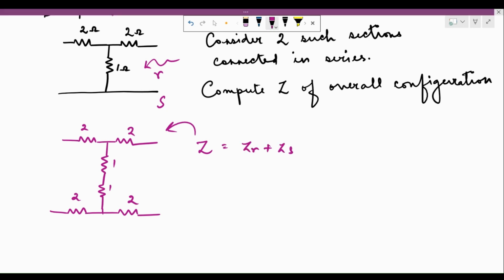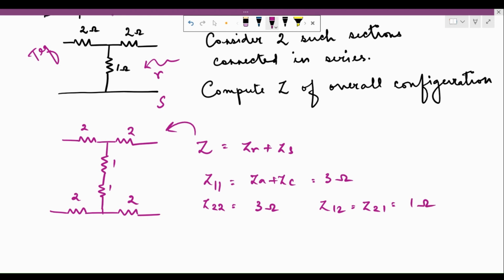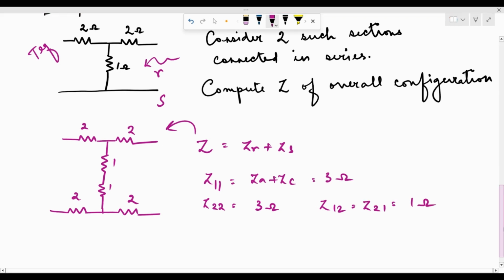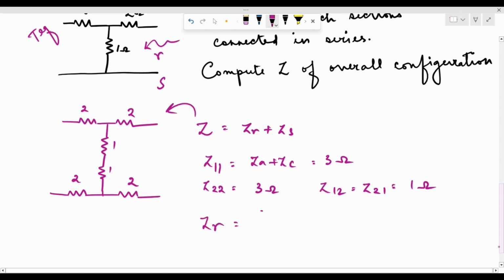Here, this is actually a T equivalent of a reciprocal network. So Z11 is ZA plus ZC, which is 3 ohms. Z22 is also 3 ohms, and Z12, which is Z21, is ZC, which is 1 ohm. So therefore our ZR is going to be [[3, 1], [1, 3]]. So is our ZS.